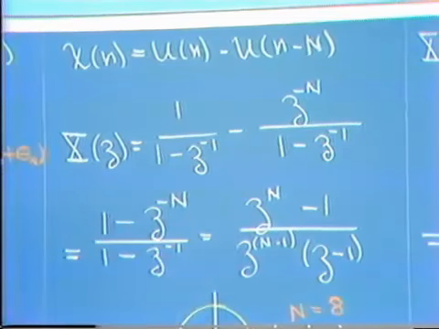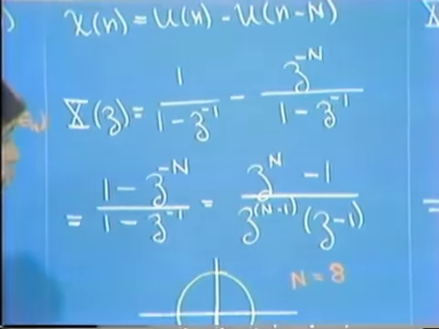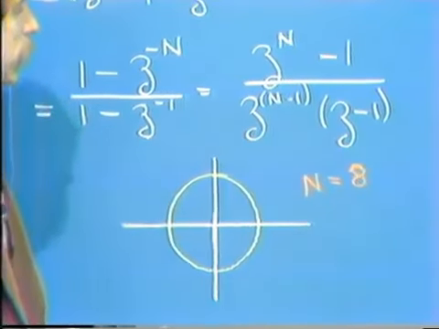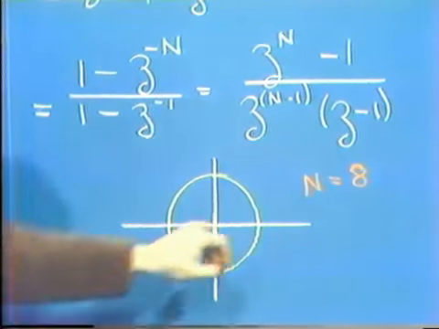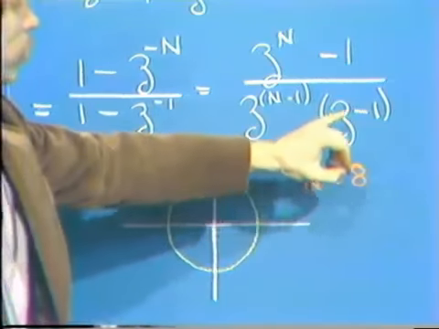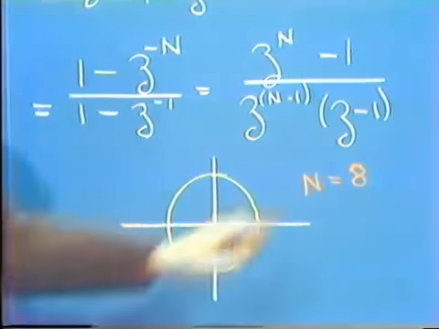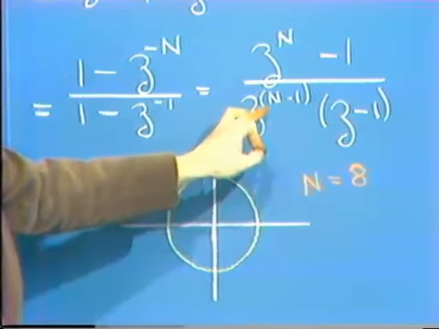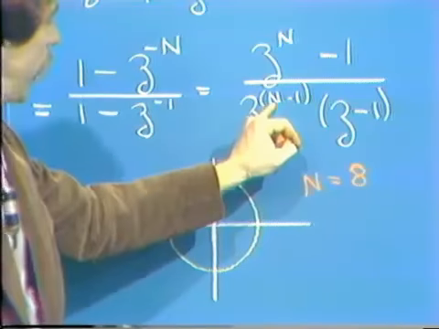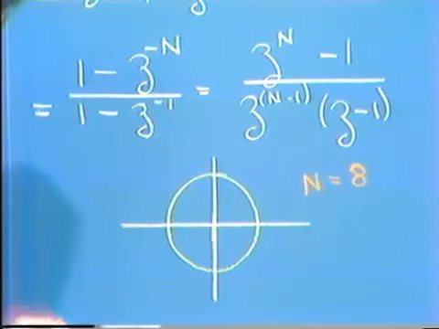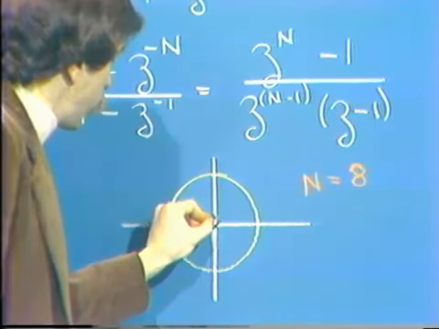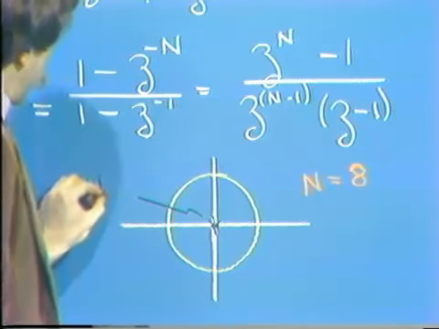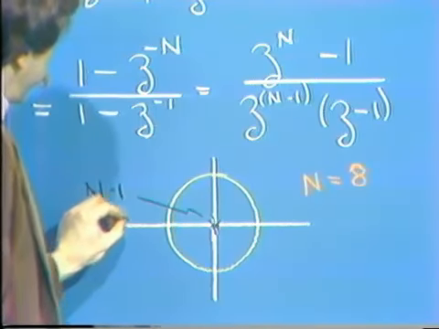Well, let's look at the pole zero pattern. First of all, at z equals 1, we have a pole. And so there's that pole. Second of all, at z equals 0, we have N minus 1 poles. Well, let's stick in the N minus 1 poles, and let me just draw that with an asterisk and an indication that that's N minus 1 poles.